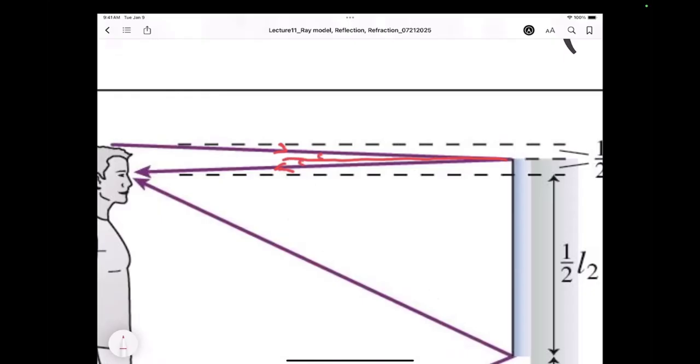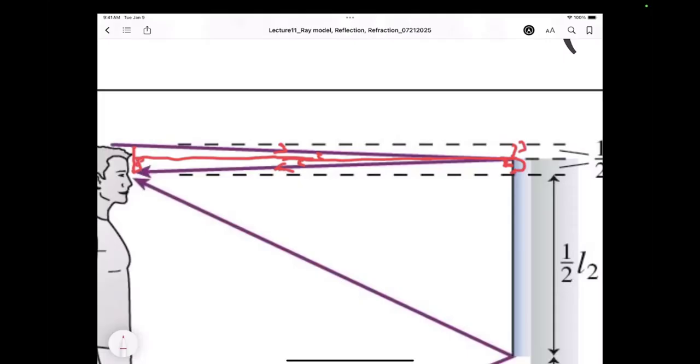This is the incident, this is the reflected, and this is the normal, which means these two angles are the same angle, and there is a 90-degree angle, and this normal line is perpendicular to this surface. If you connect it to here, this one is just a half, and this distance should be half of this one, am I right?